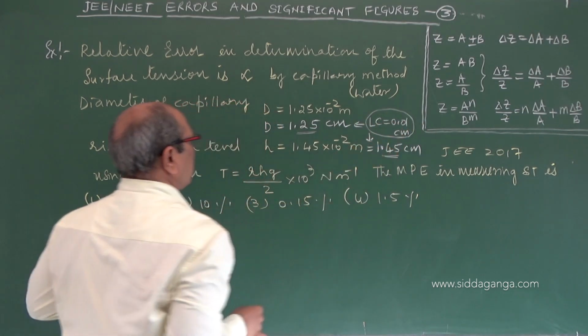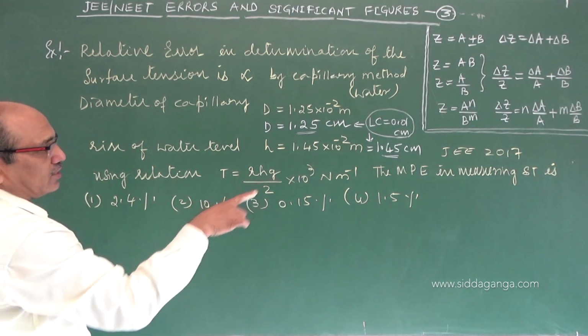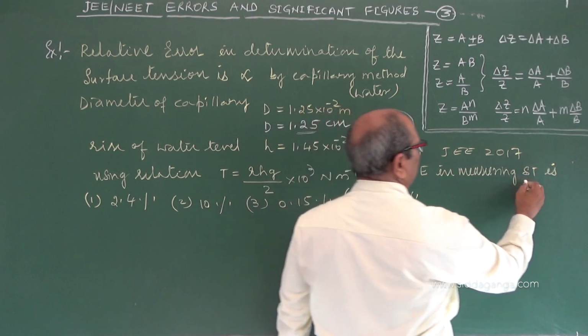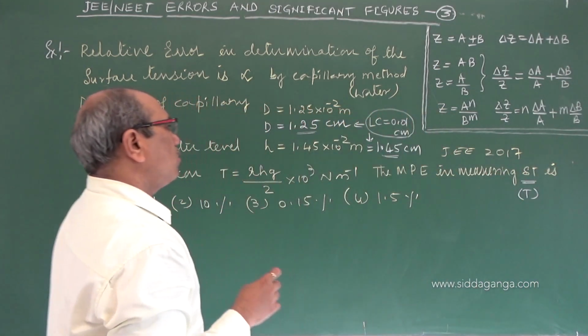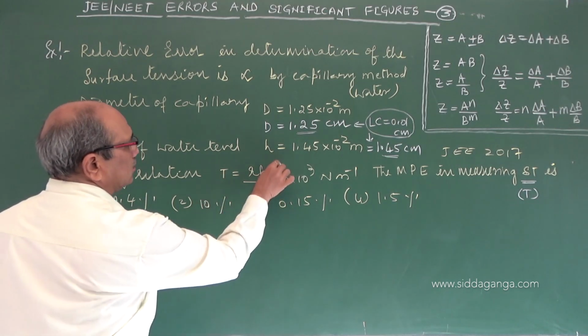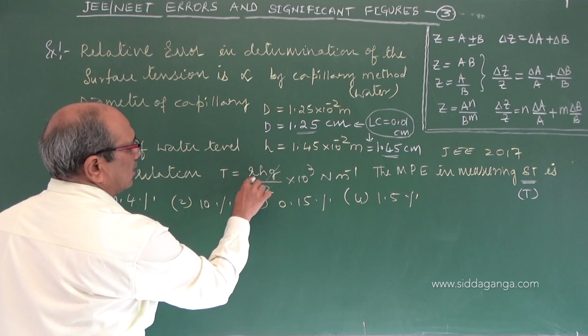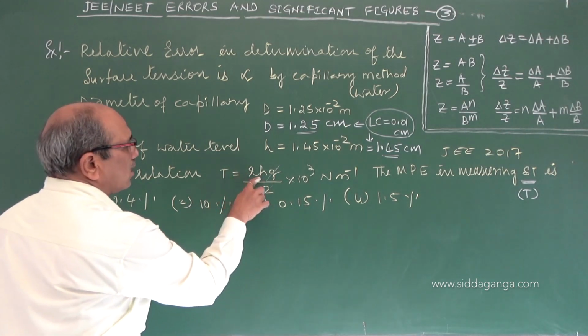Now the question is, they want surface tension. If I mention T as surface tension, what is the error that is possible? Here 2 is constant, g is constant, it depends only on r and h. Even I can write it as d and h because 2r is d.